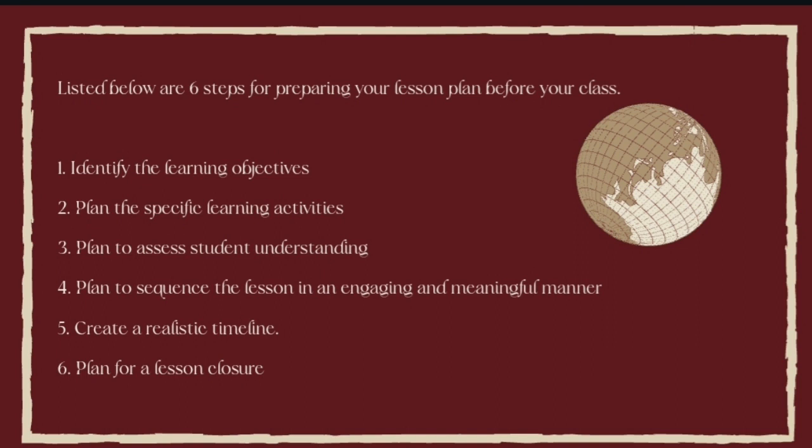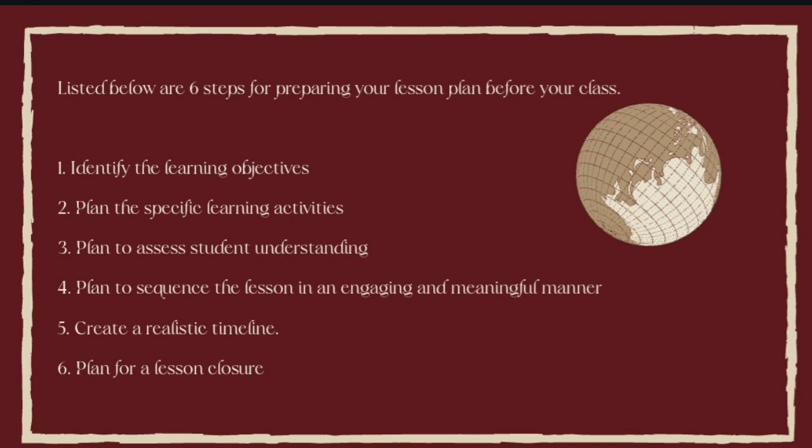Fourth is plan to sequence the lesson in an engaging and meaningful manner. Robert Gagne proposed the nine events of instruction, which is useful for planning the sequence of your lesson. Using Gagne's 9 events in conjunction with Bloom's revised taxonomy of educational objectives aids in designing engaging and meaningful instruction.